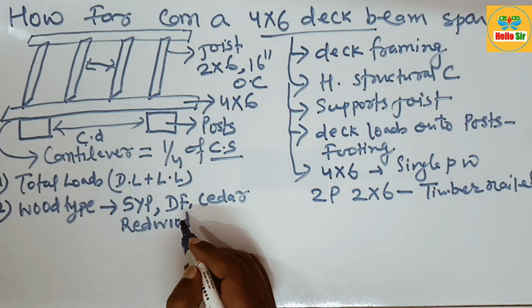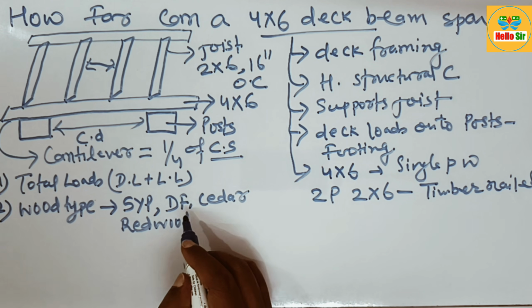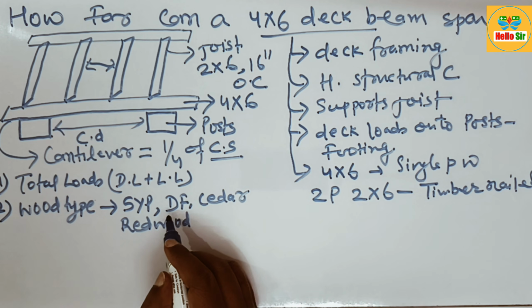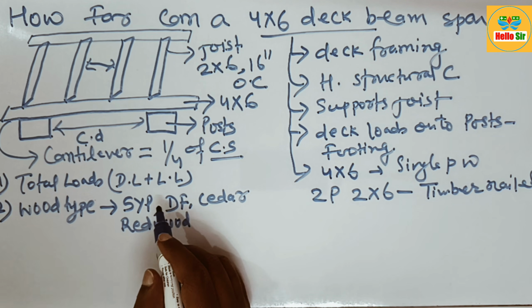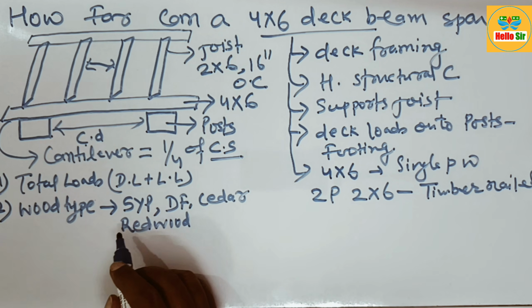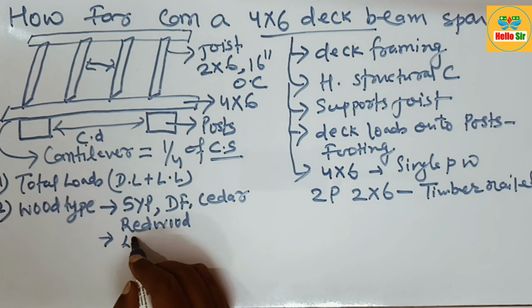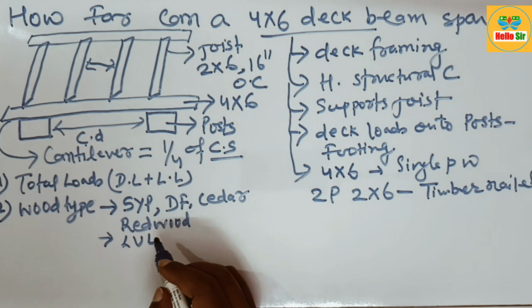Different woods are used for making your deck beam, and they are highly resistant to decay, rot, insects and moisture. And engineered wood like LVL is a common choice for cost effectiveness, high strength and higher durability.